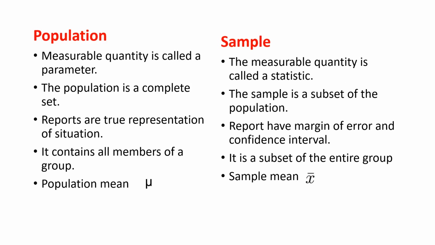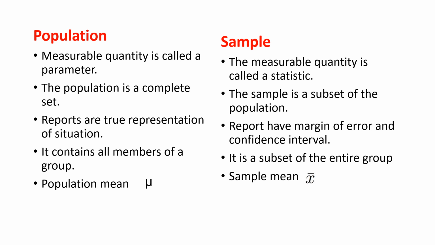So when we discuss the difference between the population and the sample, let us look at it in a more objective fashion. In population, the measurable quantity is called a parameter. In sample, the measurable quantity is called a statistic. So P for P and S for S. The population is a complete set. Sample is a subset of the population.